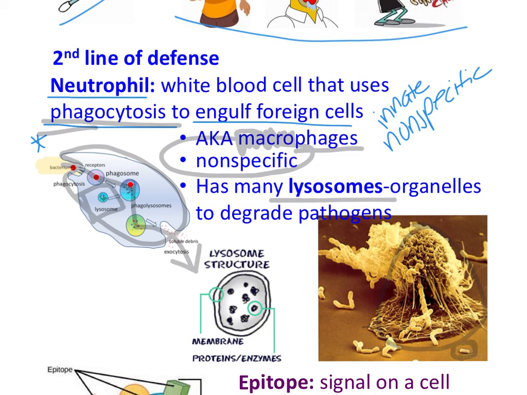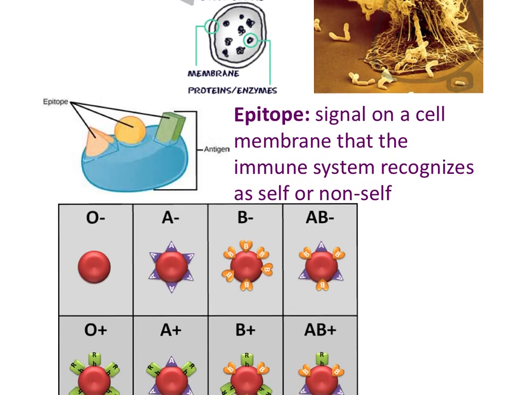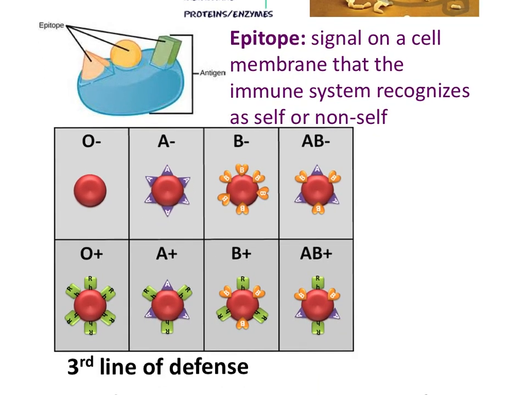Now, how does the neutrophil identify who belongs and who doesn't belong? And that comes from an epitope. An epitope is a signal on the outside of the cell that the cell identifies as either belonging or not belonging. On the outside of a cell is the cell membrane.